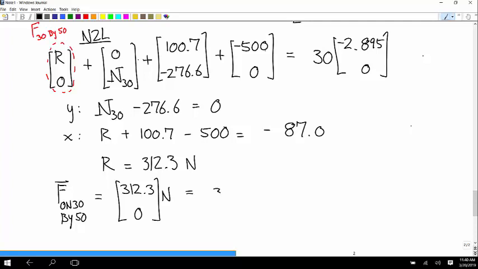Which is equal to 312.3 newtons times i. Which is equal to a vector pointing this direction with a magnitude of 312.3. Any questions about that?